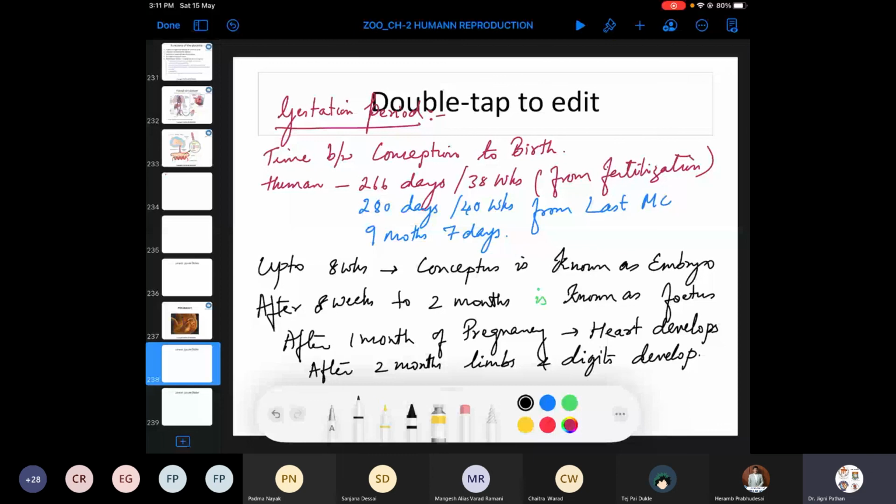Yes, from the last MC, or if you count it in days, it will be 280 days. If you count it in months, it will be 9 months, 7 days. Yes, and Janine, did you understand? Next.